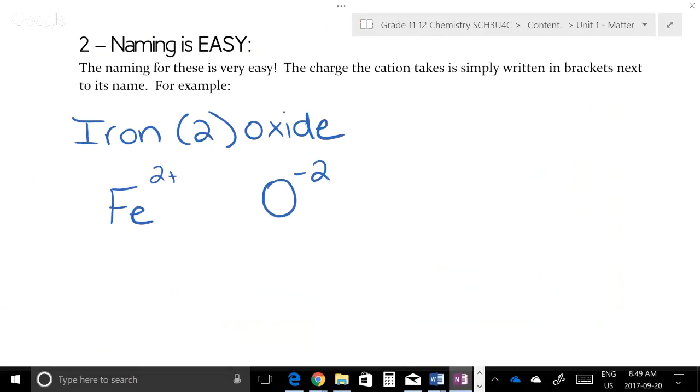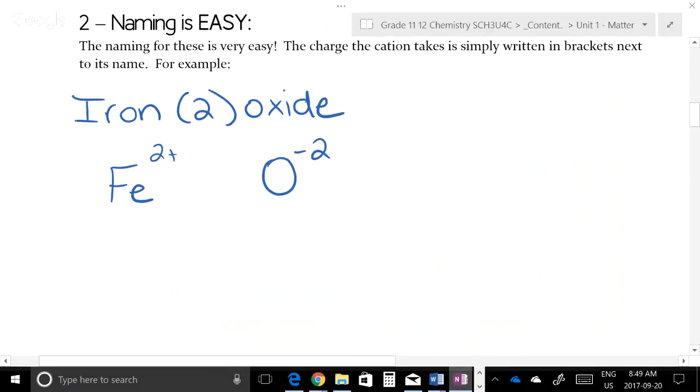So let's talk about this as a group. Iron, in this case, takes a charge of 2. How did I know that iron, in this case, has a charge of 2? It has a 2 in the name. Good. And the oxide ion always has a charge of -2, right? It's in group 16, which means it's 2 electrons away from having a full outer shell, which means when it has a full outer shell, it has a charge of -2.